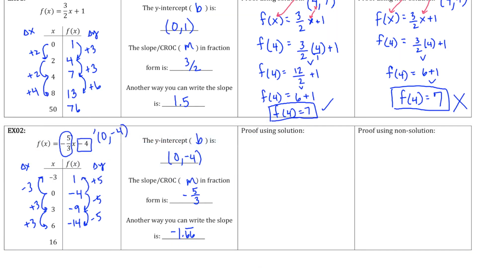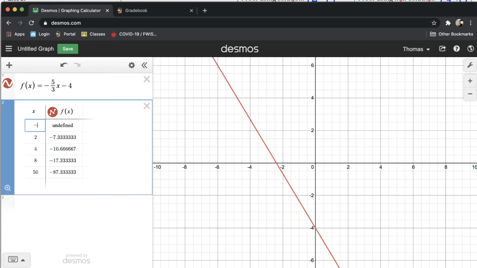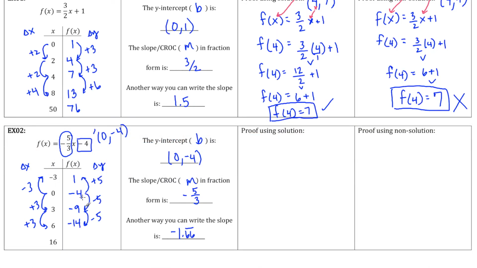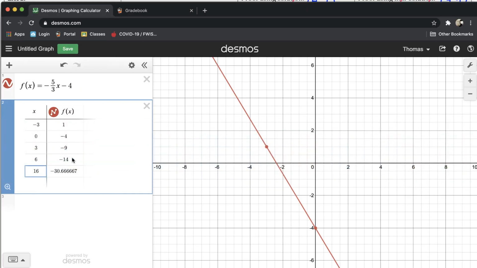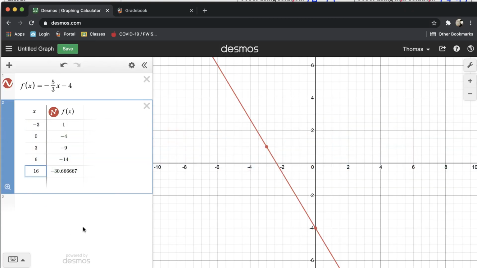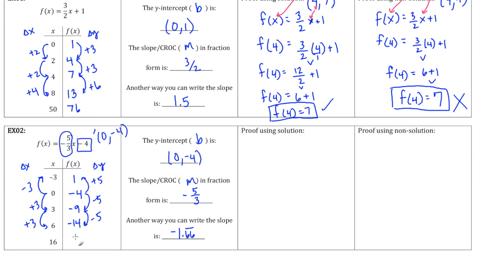And then negative 3, 0, 3, 6, 16. So we have 1, negative 4, negative 9, negative 14. And 16 goes with negative 30.66 repeating.